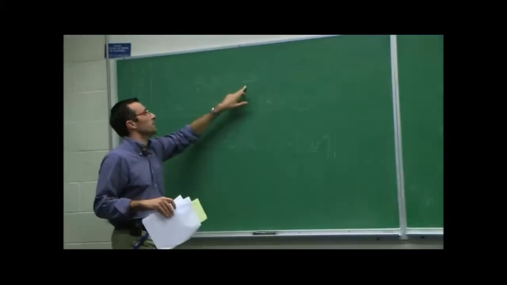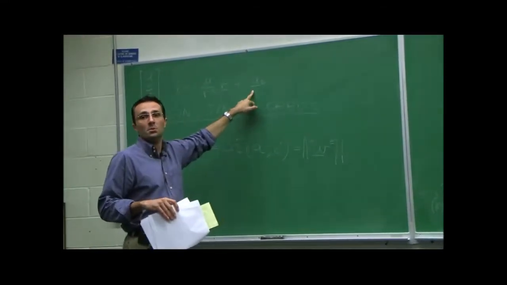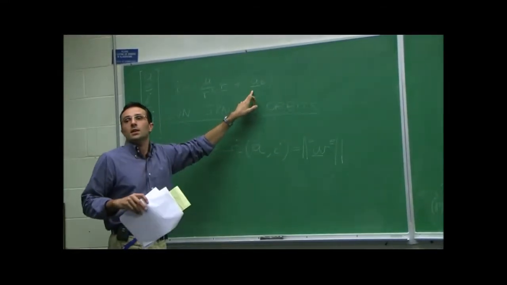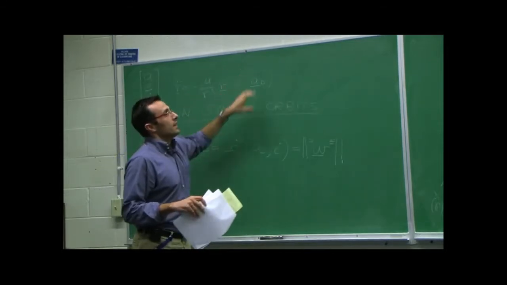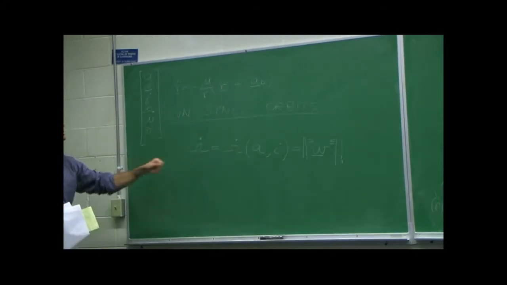You can have the J2 perturbation, you can have the drag force in low Earth orbit, you can have continuous thrust, you can have all sorts of things that are not included in this part. And they can go in these differential equations. So they give you the differential equation for the RAAN. I don't really care about it now. I just care about the effect that the oblateness at the poles has on big omega.